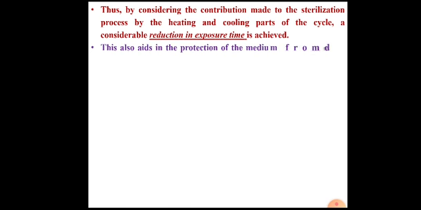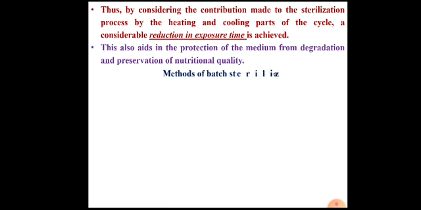Therefore, by considering the contribution made to the sterilization process by heating and cooling parts of the cycle, a considerable reduction in exposure time is achieved. This also aids in protection of medium from degradation and preservation of nutritional quality, as we have learned.